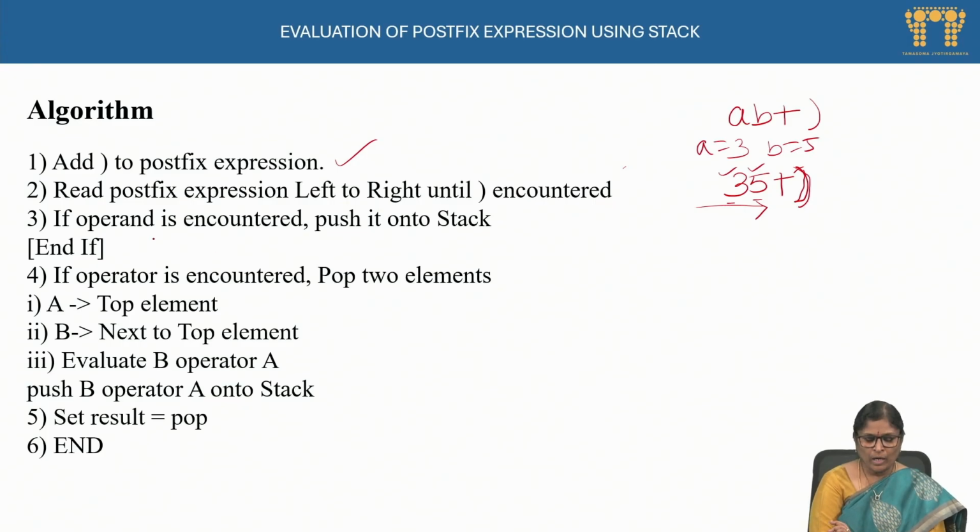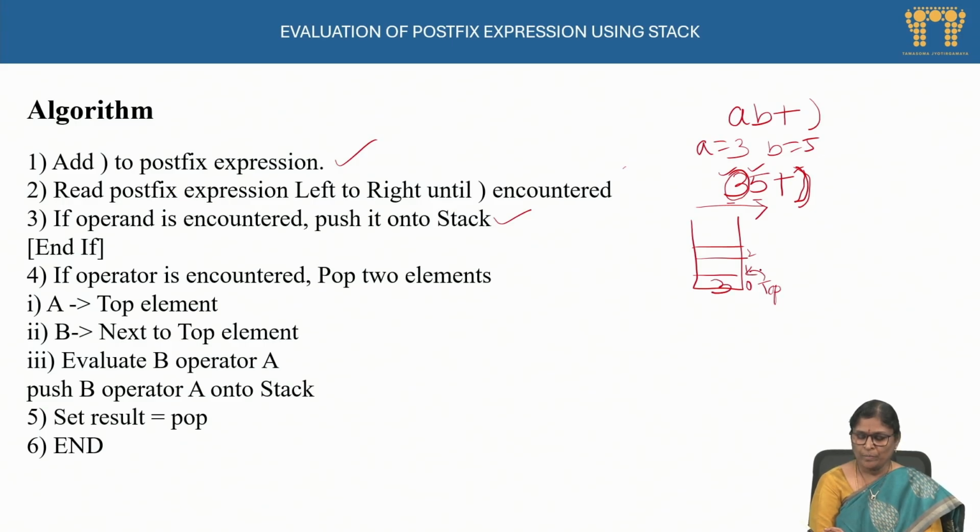Third step: if an operand is encountered, push it onto the stack. Suppose we assume this as a stack. Initially your top will be over here. So first an operand is encountered, so push it onto the stack.